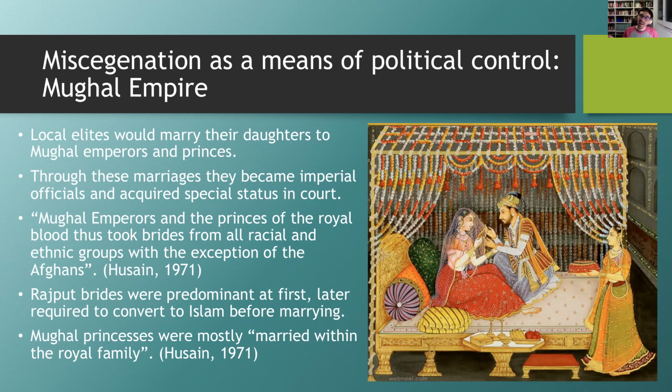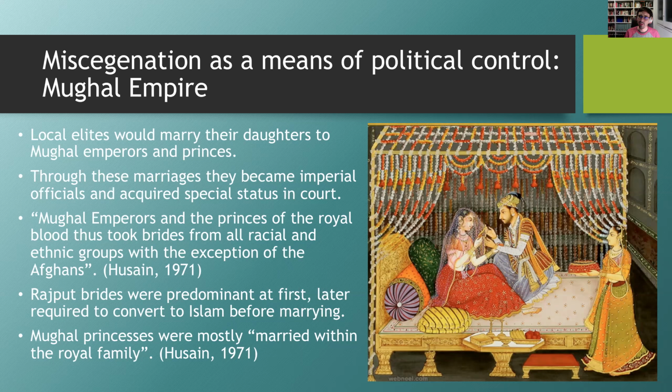But yes, in the opposite direction, Mughal princesses were not married outside the Mughal royal family. They were mostly married within the family, and there were very few exceptions where they would marry outside. So you see that belonging and relationship to and from the royal family, it's also determined by notions of gender very clearly.